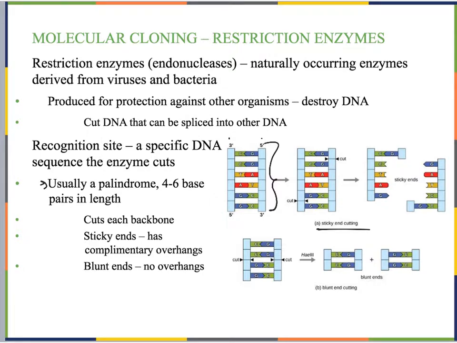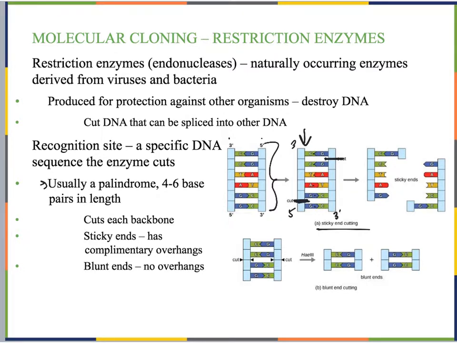Once it recognizes this entire section, it's going to make the cut on that sugar phosphate backbone. You can see here it's showing where it cuts. It cuts in the same spot on both strands. So if you look at this strand here, we have CCTAGG, which is 3' to 5', and if we ignore the right side, it's going to cut between the 2 G's at the end of this 6 nucleotide sequence.